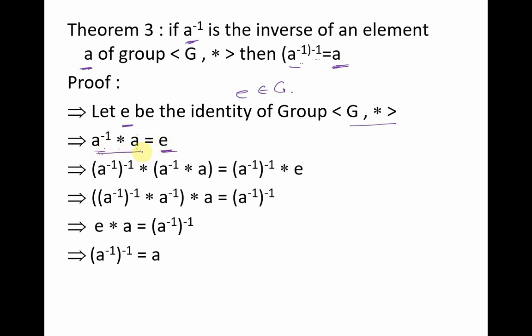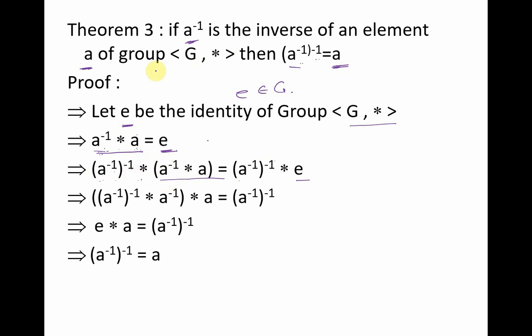Let us operate both sides on the left hand side by A inverse inverse. This is given from this equation. So I am operating on the left hand side by A inverse inverse, and here also on the left hand side by A inverse inverse. Operating by the same thing on the same side will not make any change.